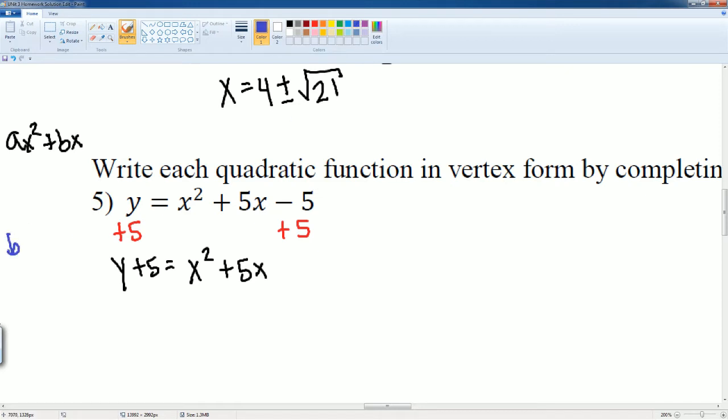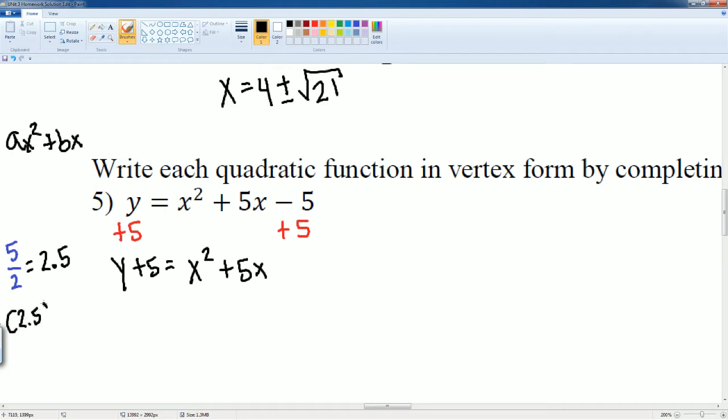So we cut b in half. 5 divided by 2 is 2.5. And then we have to square 2.5.